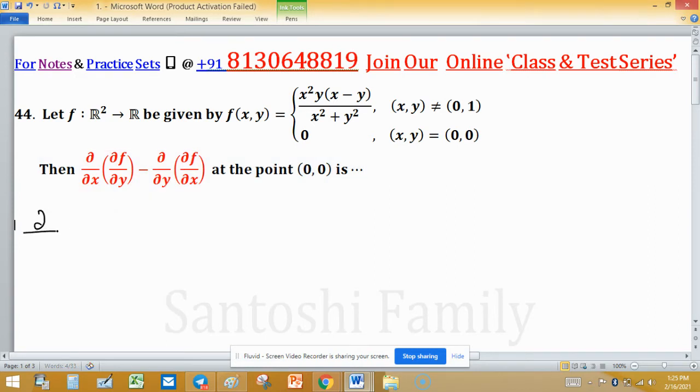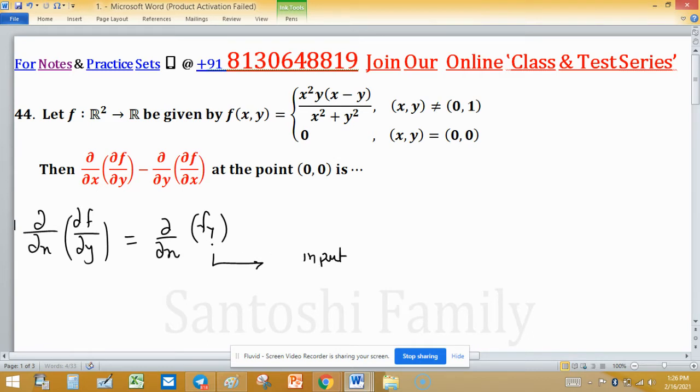The first partial derivative, del f upon del y, can be written as the partial derivative with respect to x of f_y. Now what is the meaning of f_y? Suppose this is the input and we need to find the derivative with respect to y.